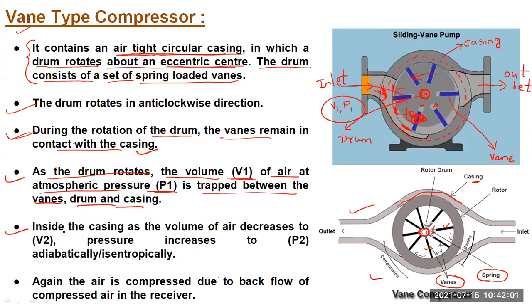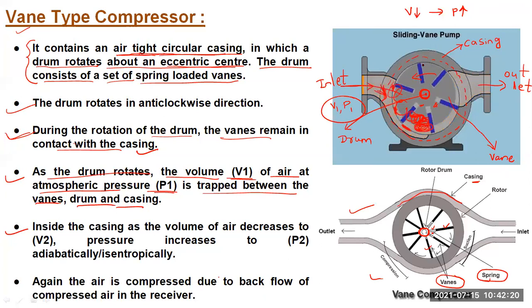Next point, inside the casing, as the volume of air decreases, you can see that compared to the inlet, here the volume gradually becomes less. If the volume decreases, then the pressure increases.